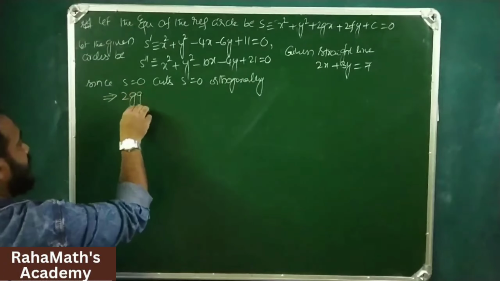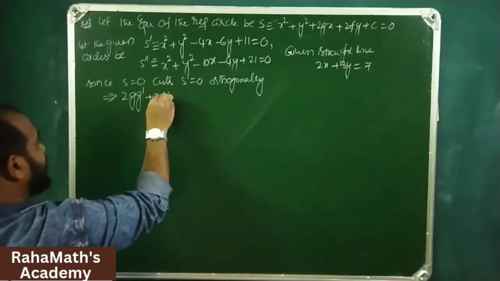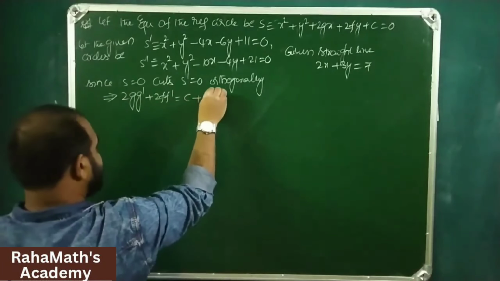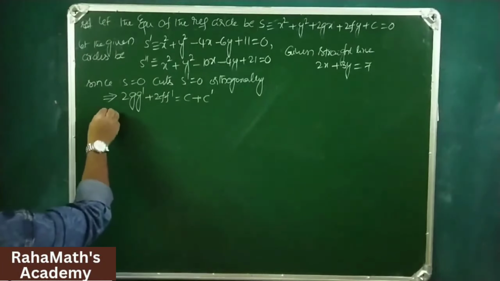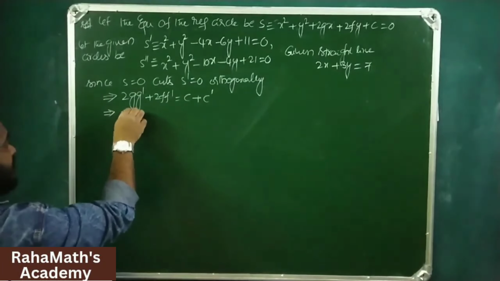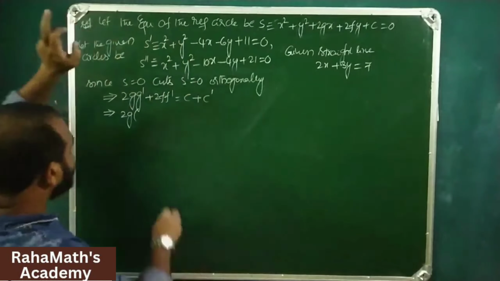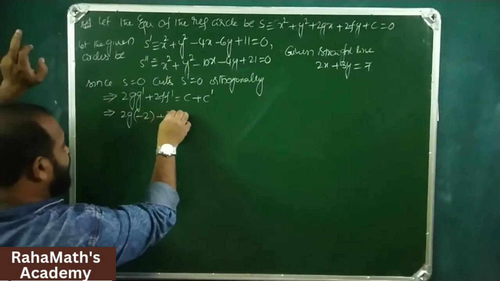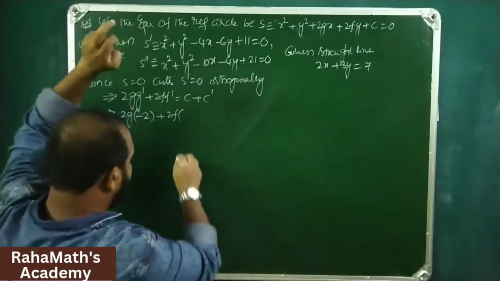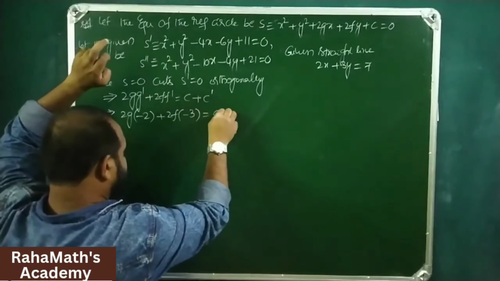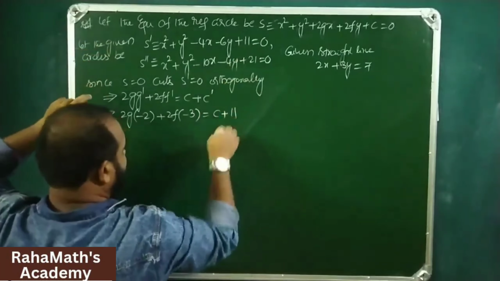2g g' plus 2f f' is equals to c plus c'. This implies 2g' is equals to minus 2, 2f' is minus 3, and c plus c' is c plus 11.